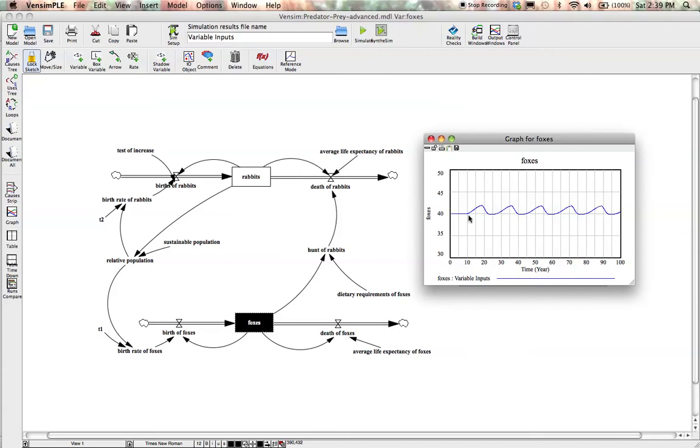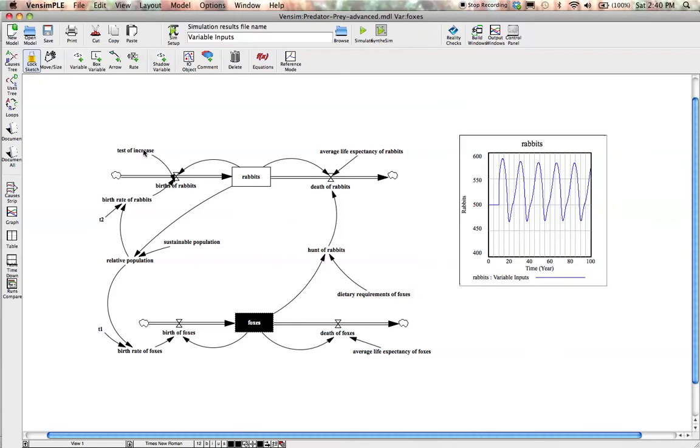So the foxes also, because of the introduction of the rabbits, seem to be dormant or more or less steady at the beginning at 40, their initial value, and then they start to oscillate. Okay, the oscillations are not as big, and it goes up to maybe 42 foxes, and then comes down back to 40, and it goes back and forth. But it does introduce an oscillatory behavior.